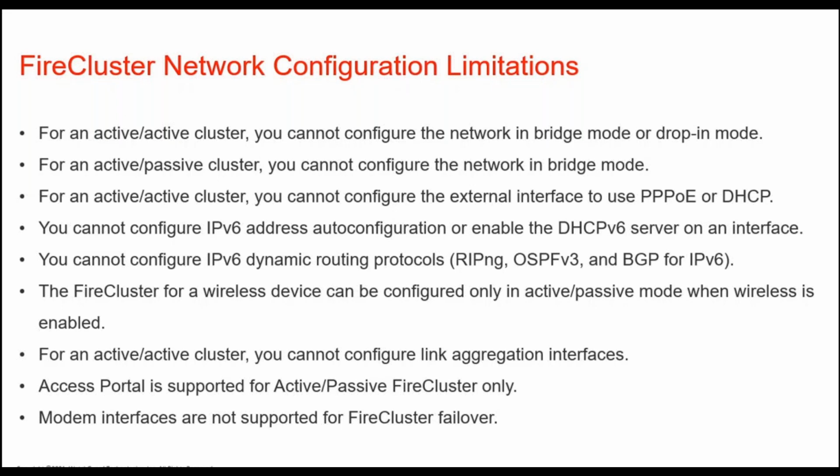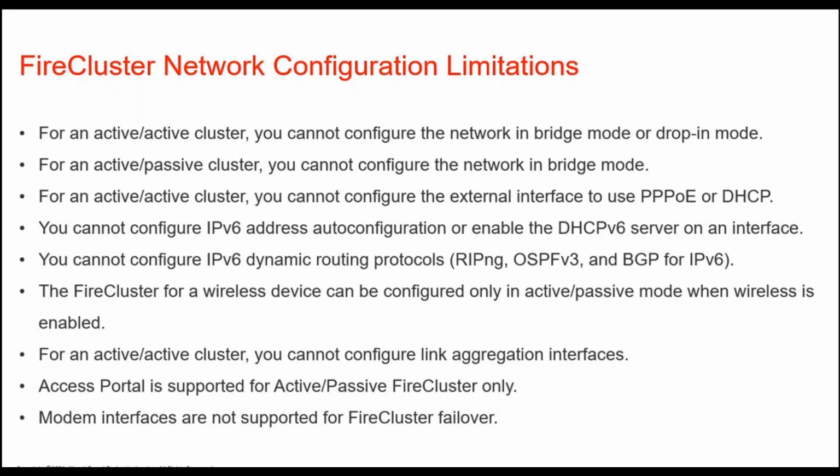For the FireCluster with wireless devices, let's say you had one of these tabletop devices with a W, which has wireless in it. If you have a wireless device, it can be configured only in active passive. You cannot configure it in active. For an active cluster, you cannot configure link aggregation interfaces.